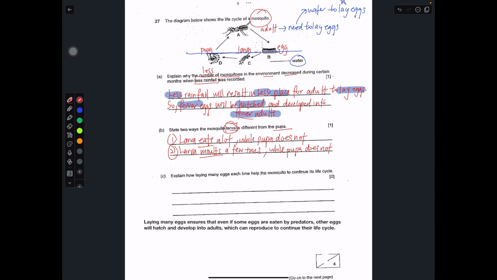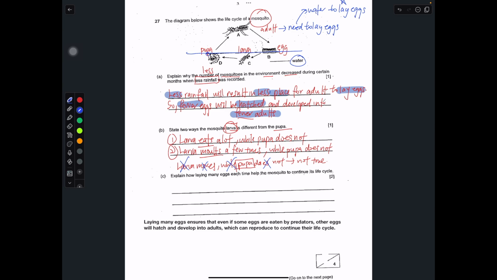of a larva. I think most of you will write something like this: the larva moves while the pupa does not. This is not true. The pupa actually does move. This is incorrect. The pupa does move because it actually has one breathing tube attached at the head over here.